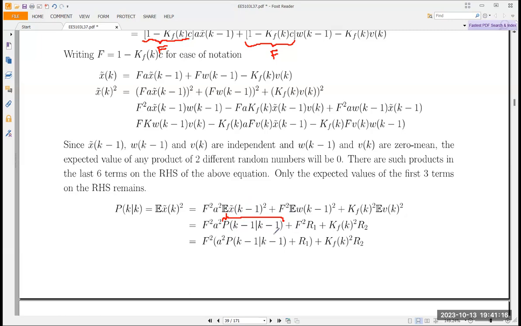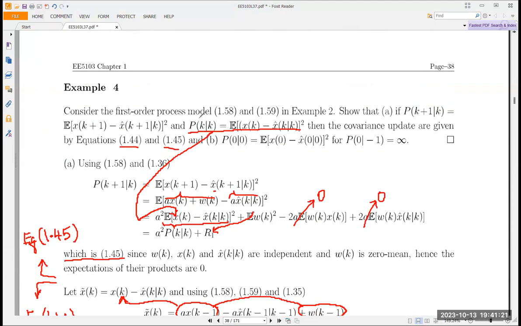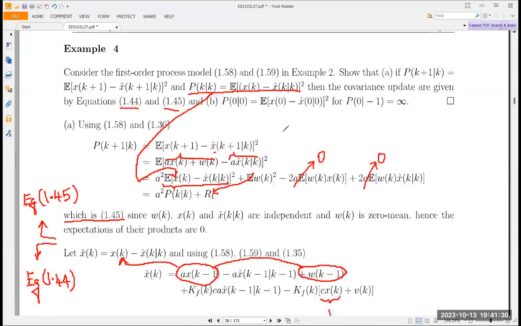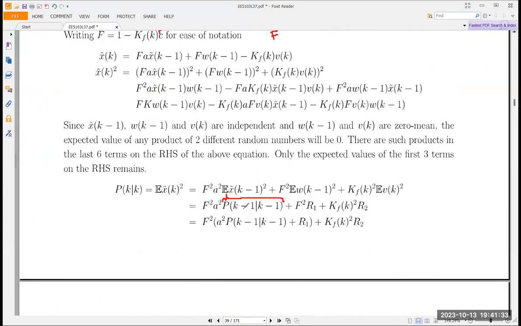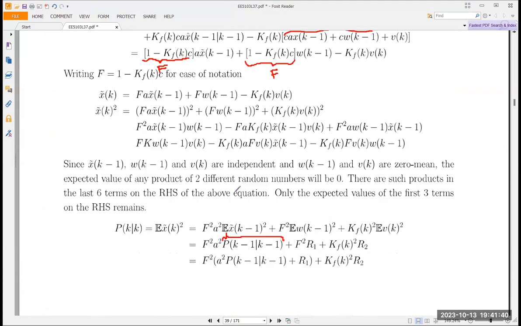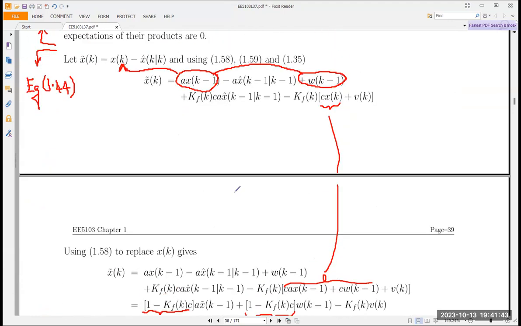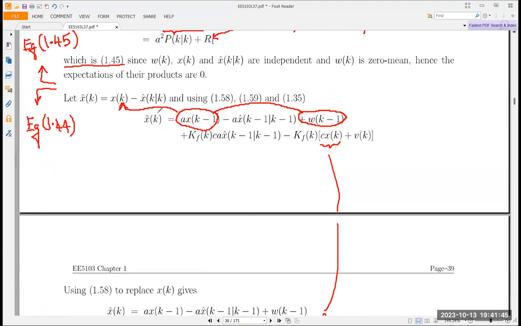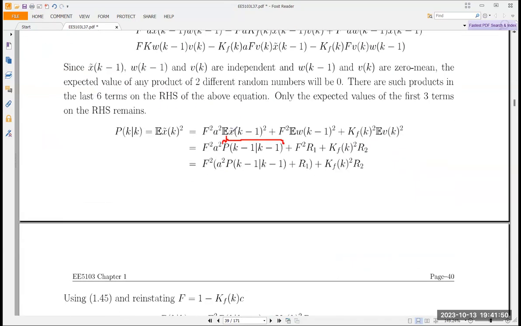Or P k minus 1, k minus 1 is expectation of x tilde k minus 1, which means this one. Yeah, no, this one. P kk is expectation of x minus x hat kk. Or expectation of x tilde k minus 1 is P k minus 1 k minus 1. X tilde is the estimation error, which is defined here. So that we don't have to write so long. All right. So that is done.